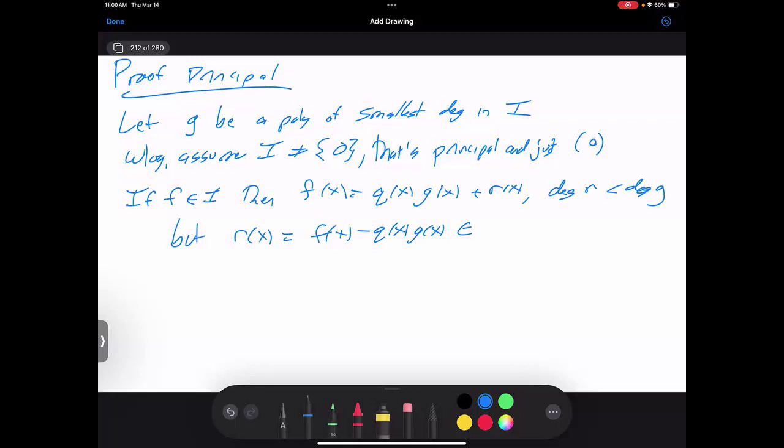Where does that live? So we have I is an ideal, F is in I, G is in I. So if we multiply something in the ideal, it's got to stay in the ideal, right? So this is in I, and the combination of two things in the ideal is in I. So R has smaller degree.